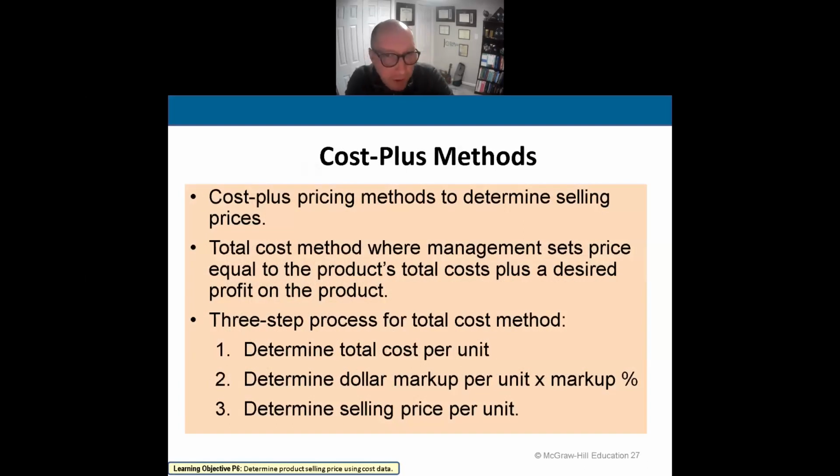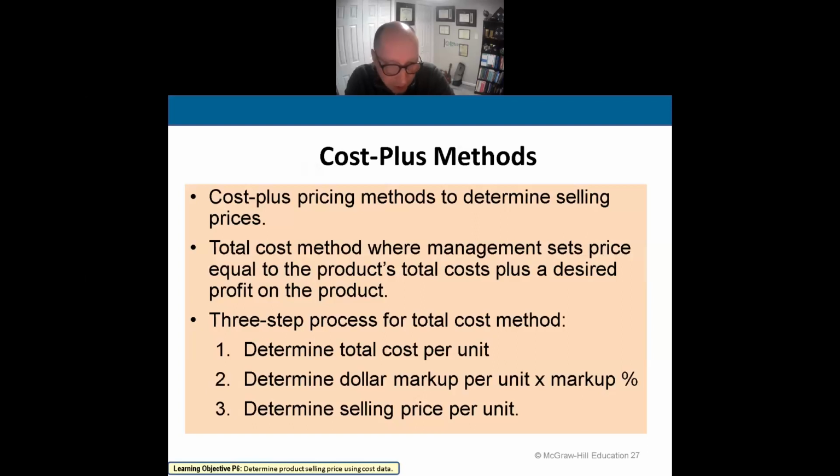To price my products, look at a couple different methods. One of those is called the cost plus method. Take the cost of the product, which is direct labor, direct material, factory overhead, plus the desired profit, how much I want for each product. There are 3 steps to this method.